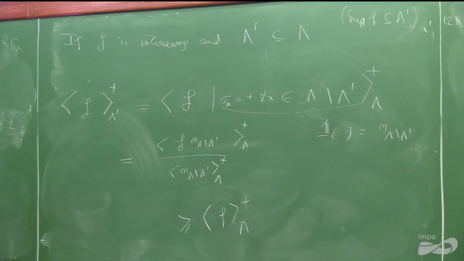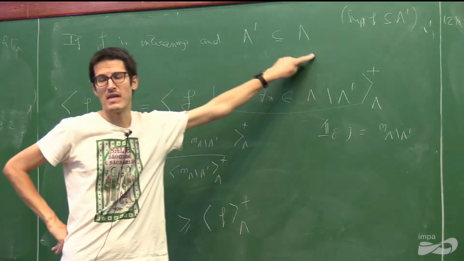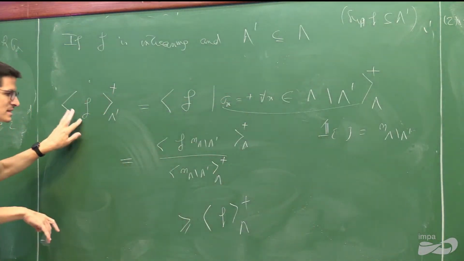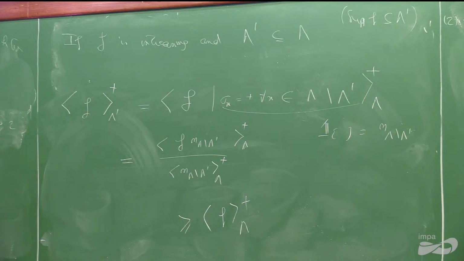Just apply this to lambda n and lambda n plus 1, then you know that this sequence is decreasing in n, and therefore it converges. So the expectation of all monotone functions converges, and this is sufficient because the monotone functions span the whole vector space of local functions.